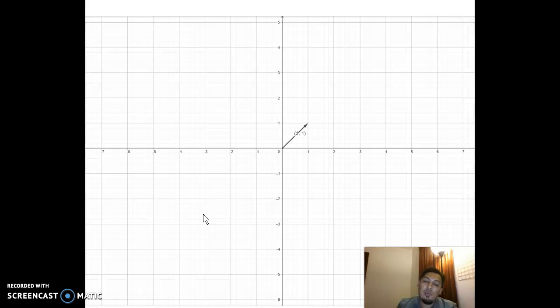So that is what will happen if you multiply a single value to that vector.